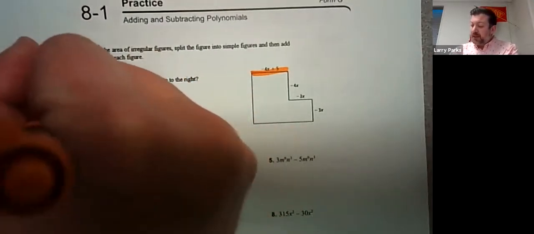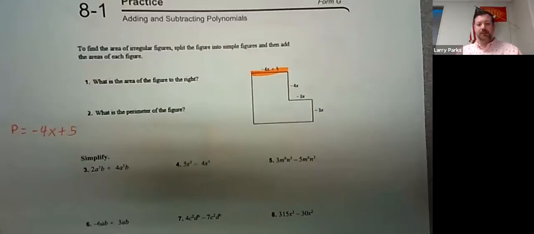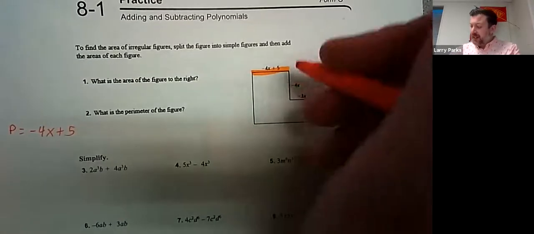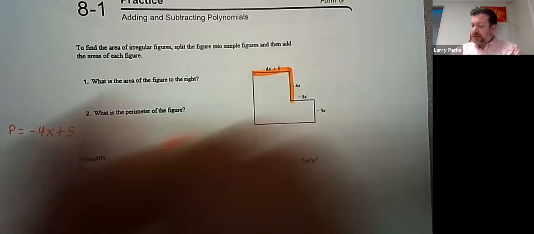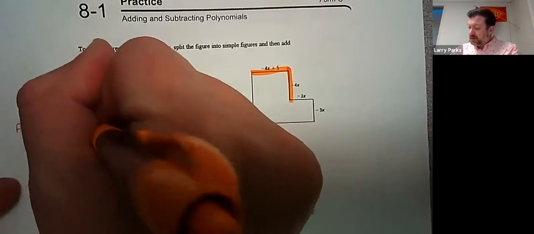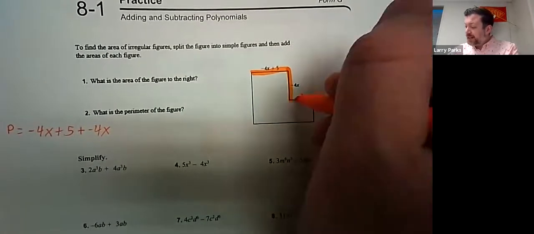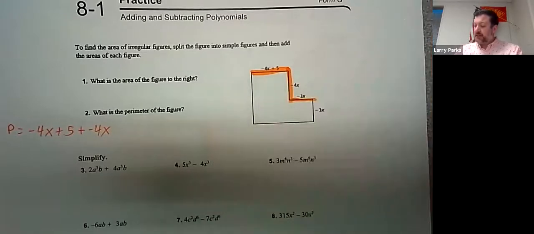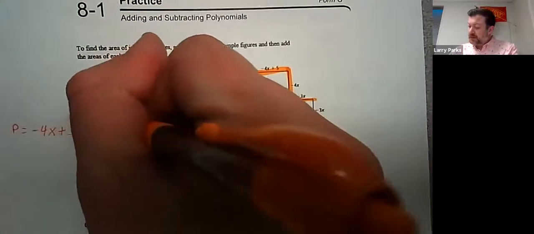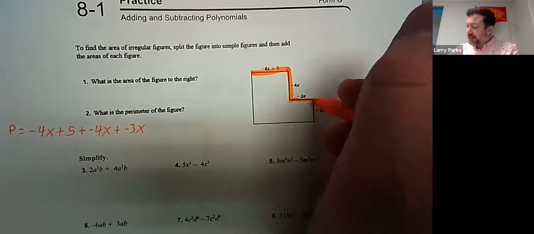Perimeter is negative 4x plus 5. And then let's go ahead and just add in negative 4x. Okay. And then we can add in the negative 3x. Add on another negative 3x.